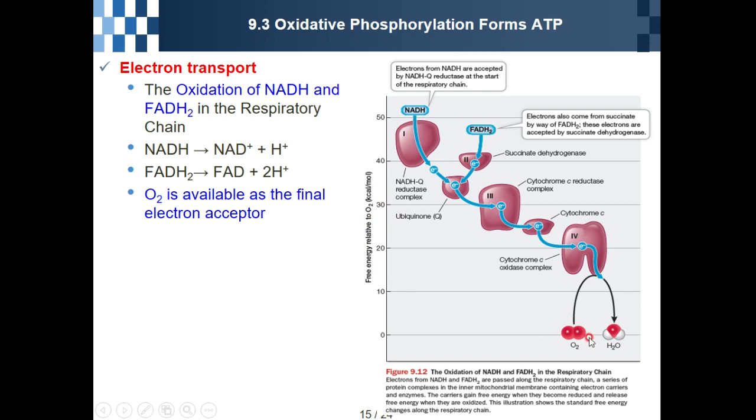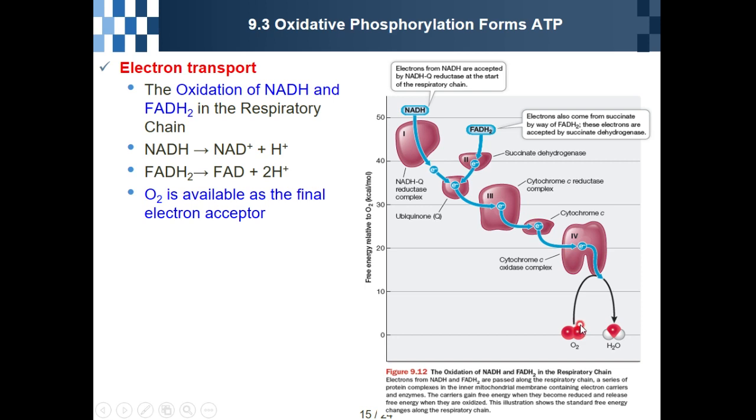The oxygen is a final electron acceptor. Starting from the NADH, they have 40 kilocalories higher than oxygen. How about the FADH2? So they have around 40 kilocalories per mole higher than oxygen.